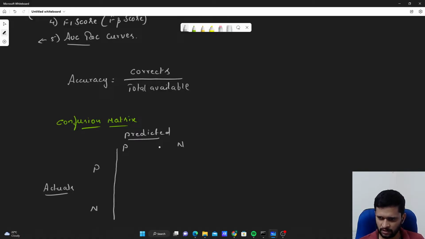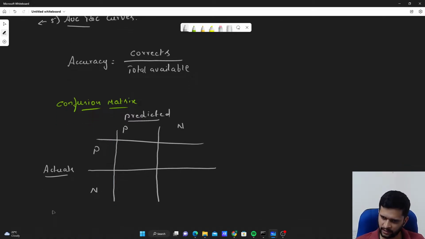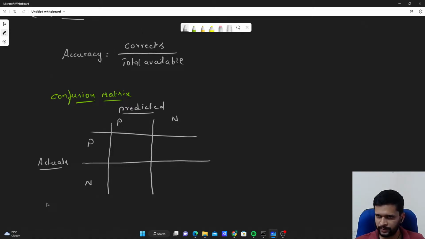So if I just populate this table, let's say if our actual is positive and predicted is also positive, it is called true positive or TP. If our actual is positive but the predicted thing is negative, this is called false negative.